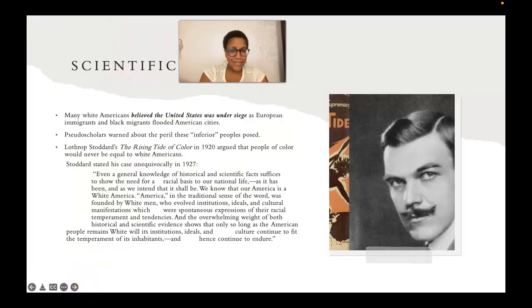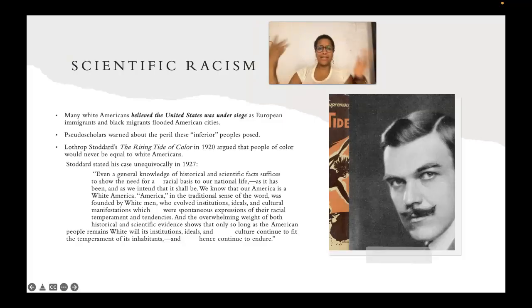So, in addition to just wanton mob violence and lynching, we also have scientific racism to contend with. Yay. And so you have many white Americans who believe that the United States was under siege. They were under attack as European immigrants and black migrants flooded American cities.